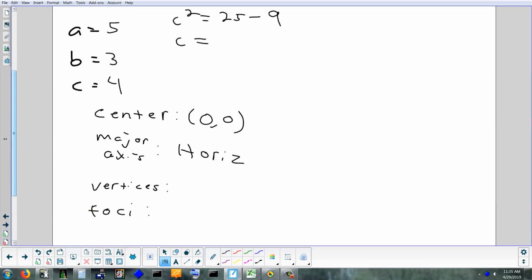Could be 5 units left and right, or it could be 5 units above and below. I know that it's left and right because the major axis is horizontal. So, what would be the coordinate that is 5 units to the right of the center? 5, 0. How about 5 units left? Yeah, so I'm just going to write it like this.